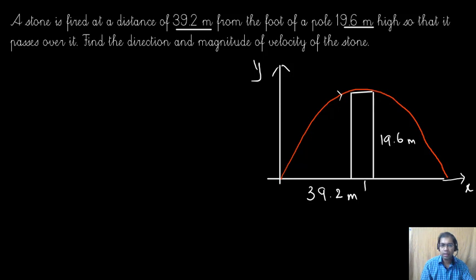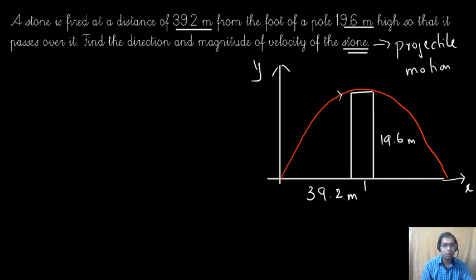The red curve shows the path taken by the stone, which is a projectile motion. And as it says, it just passes over this pole of height 19.6 meters.